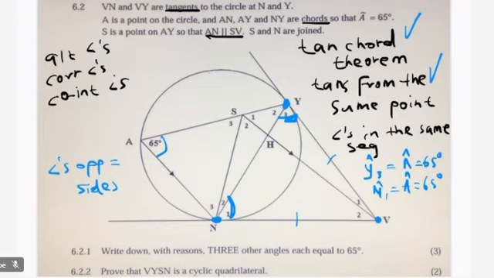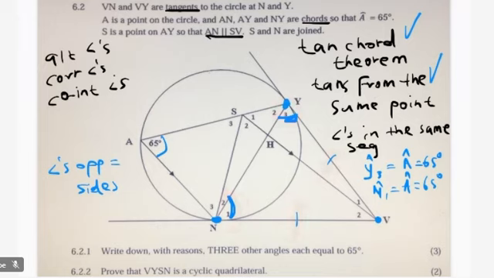The angles that are opposite to the sides that are equal. For example, this angle is opposite to this side, and this angle is opposite to this side. Those angles will be equal because the sides are already equal.